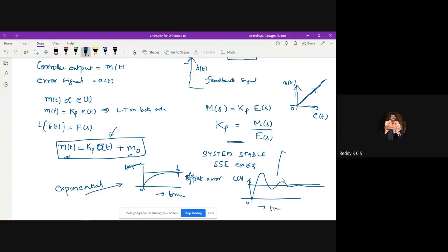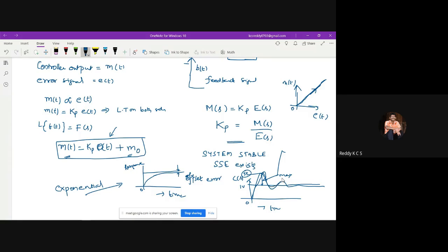This is called the maximum overshoot: for example, the actual value is 1 volt, but initially it reaches a maximum of 5 volt, and then comes back to settle at the steady state value. Initially it should not reach a high value.